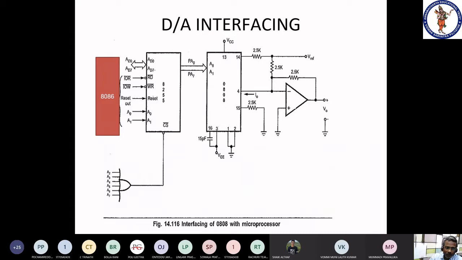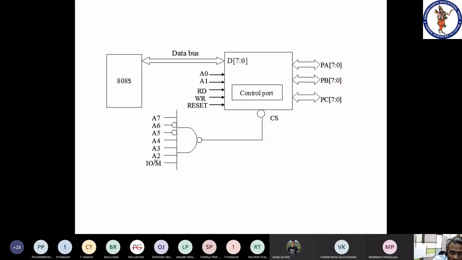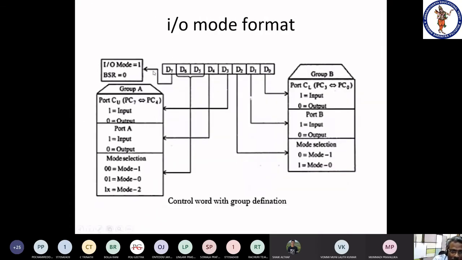Based on that, we prepare a control word with the help of this control word format. Let us assume that we are using port A, which acts as an output port in mode 0 operation. According to that, we have to put ones and zeros within this register.